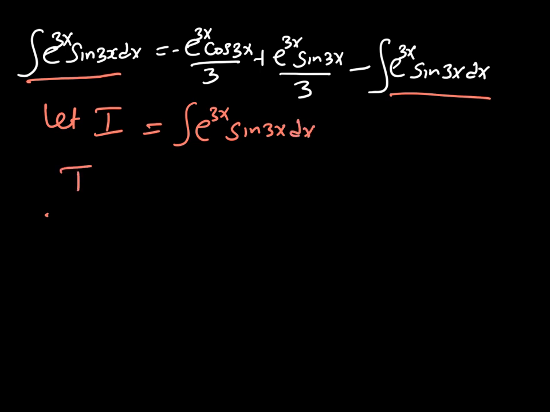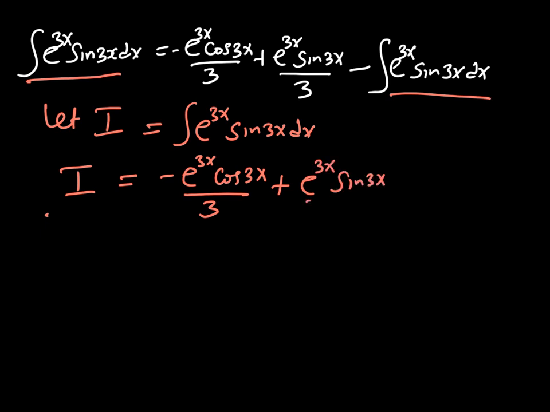So I here is minus e to power 3x cos of 3x over 3 plus e to power 3x sine 3x over 3, then minus I. So let's collect like terms.